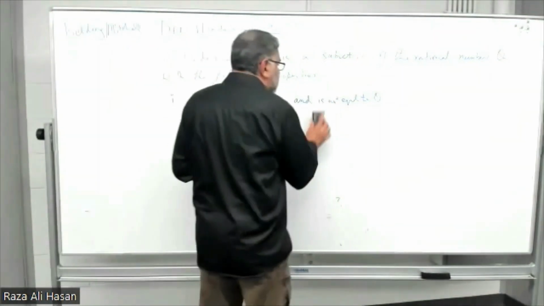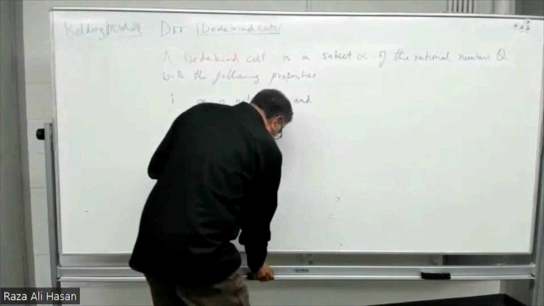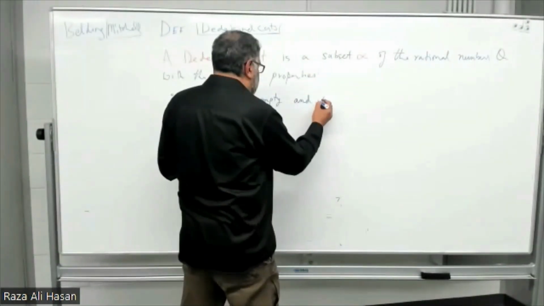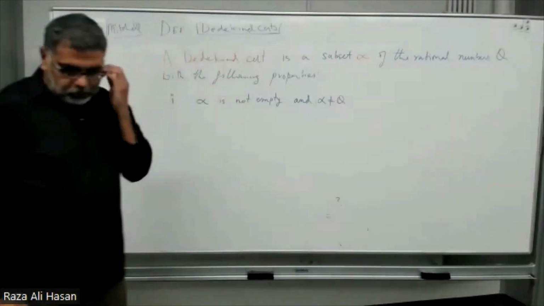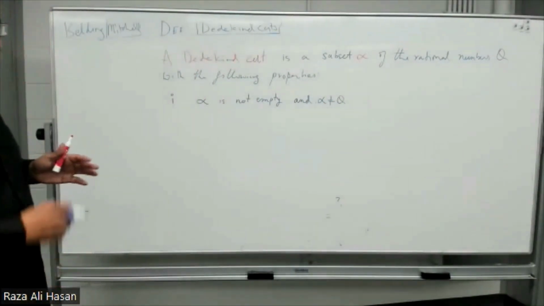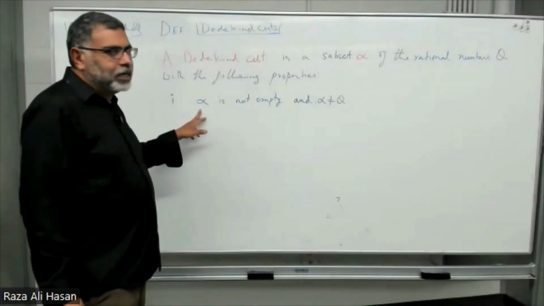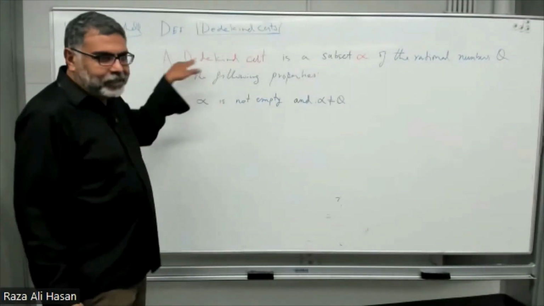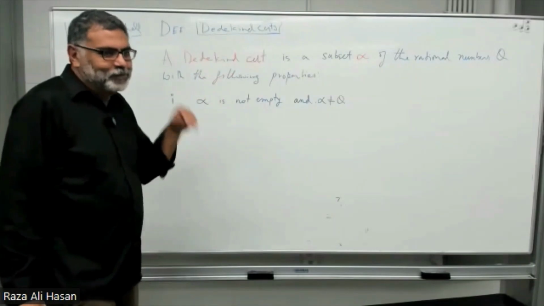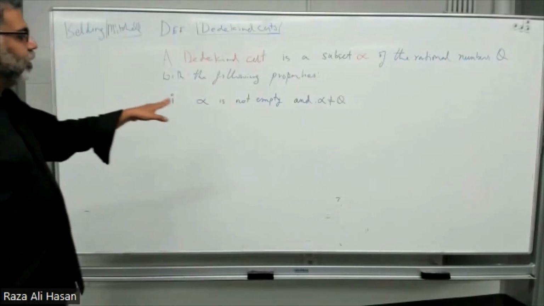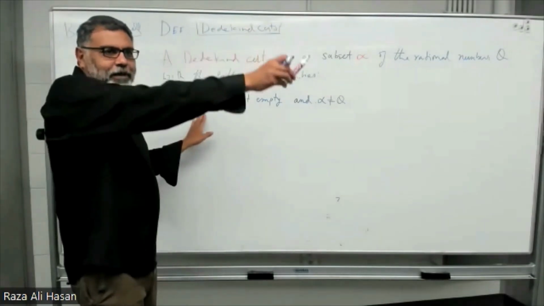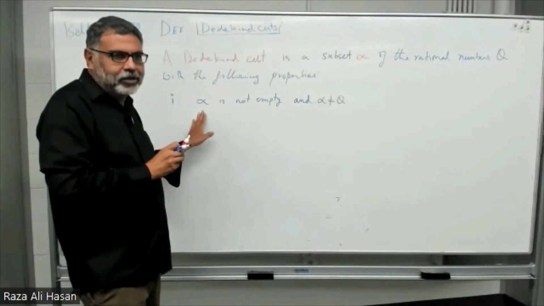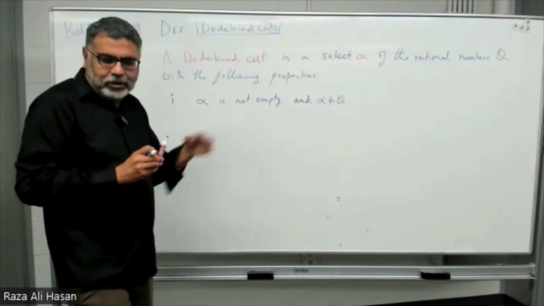So I'm going to take this off, and they wrote alpha not equals Q. This should remind you of something, right? Least upper bound. Behind this is the LUB going on, kind of, right? If a set is not empty and has an upper bound, then it will have a least upper bound. So those ideas are there behind all this.